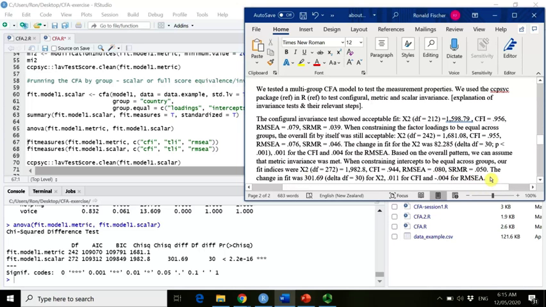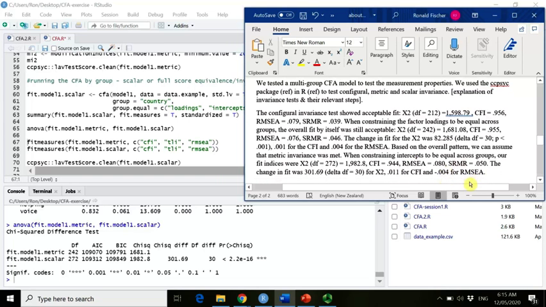Alright, so what can we make from these results here? Our chi-square is quite large. The CFI is a bit below our desired cutoff. RMSEA is right on the border. SRMR is still pretty good. It is below the threshold that Hu and Bentler were talking about in their simulation study.